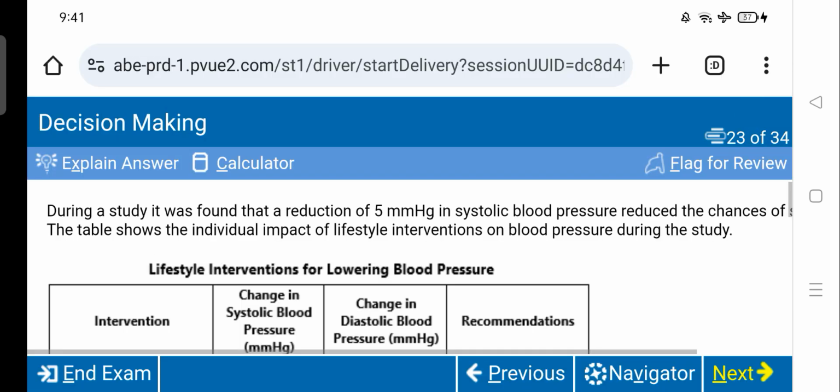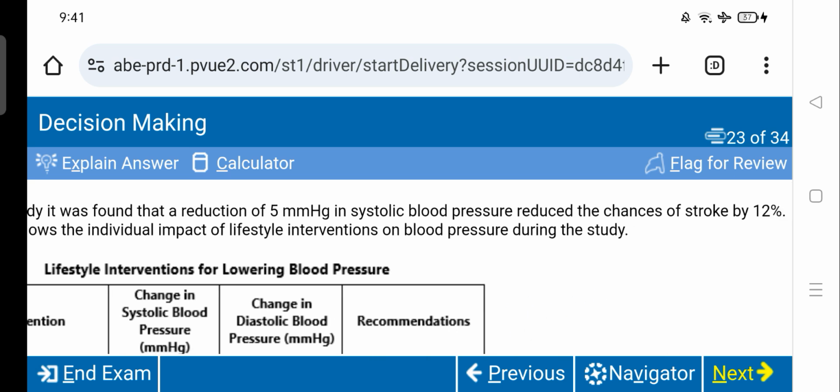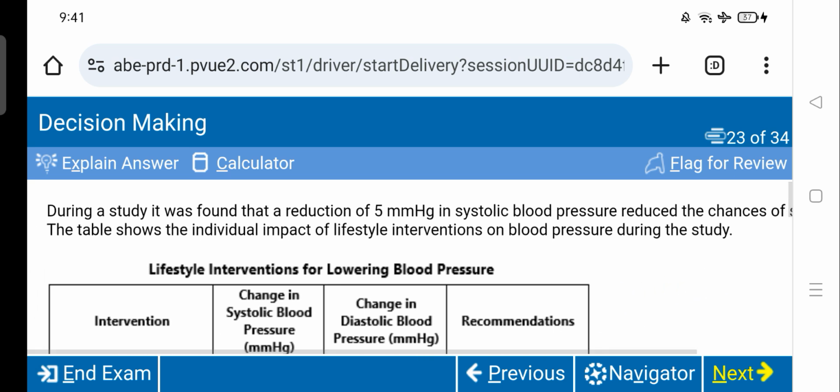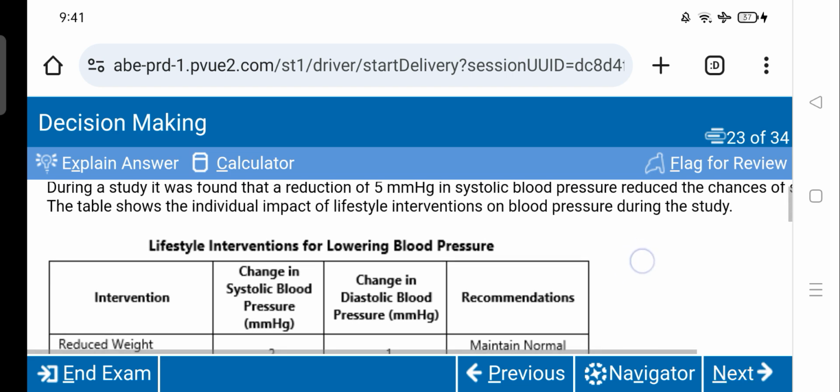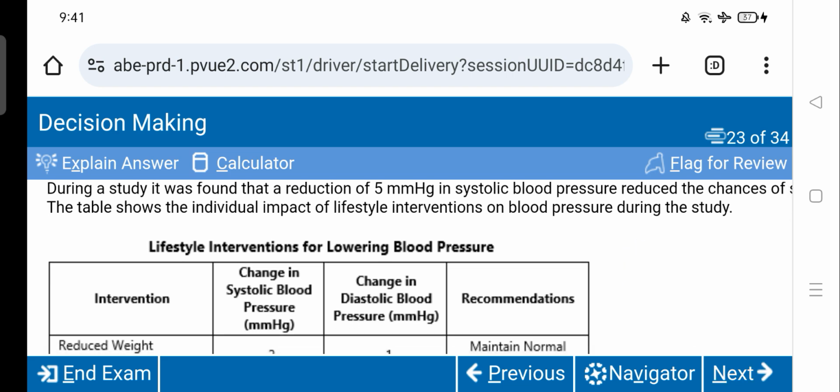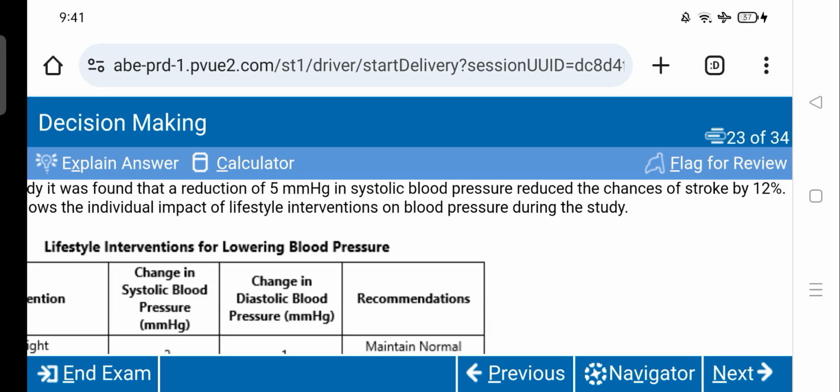During a study, it was found that a reduction of 5 mm Hg in systolic blood pressure reduced the chances of stroke by 12%. The table shows the individual impact of lifestyle interventions on blood pressure during the study.